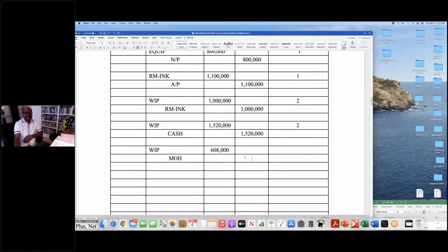So how did you get 608,000? Multiply the POR, which is 4, by the actual labor hours, which was 152,000. So we multiply the 4 by 152,000, the actual labor hours.